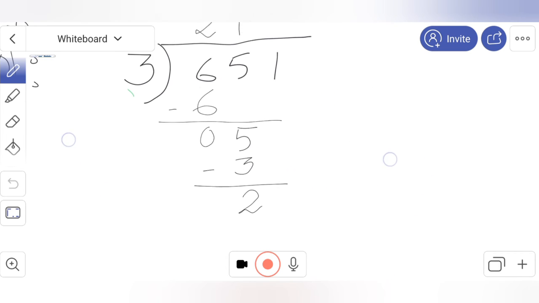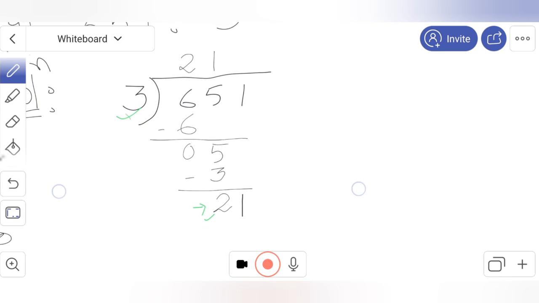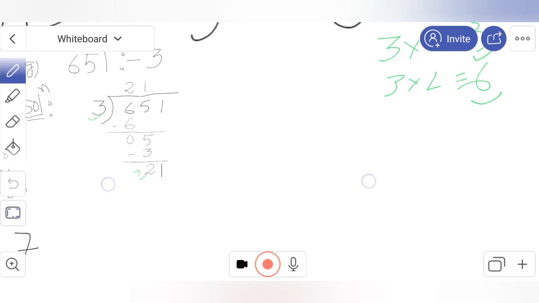2. Then after that, see here now, this 3 and this 2, can you divide? No, because the one which needs to be divided is less, right? 2 is smaller than 3. So since you cannot divide, you have to bring down this 1. Now it becomes 21. So 3 into what number will you get 21?